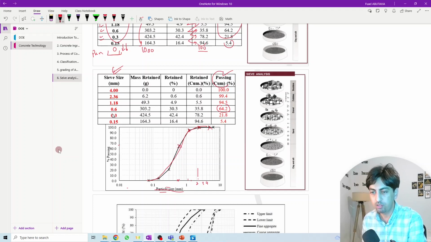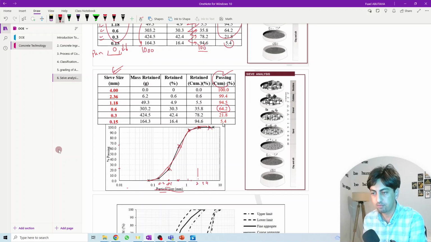Then we have 0.3, 21.8. Where is 0.3? This is 0.1, this is 0.2, and this is 0.3. At 0.3, the value is 21.8, which will be somewhere here. If we draw the line with this one, we get this point.